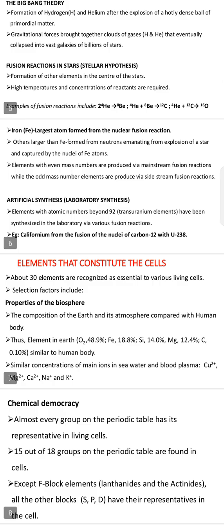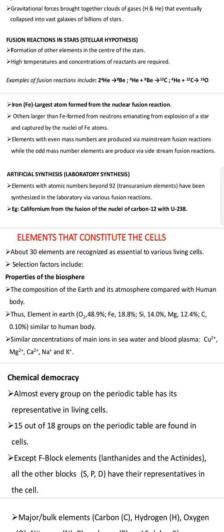So the next thing we will consider is the fusion reactions in stars. Fusion reactions in stars is also known as the stellar hypothesis. The moment you hear the word fusion, fusion just means bringing together two things to form a new object.